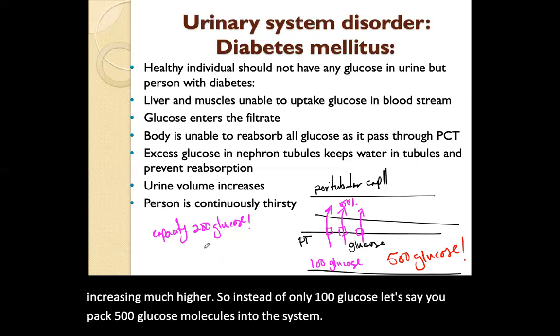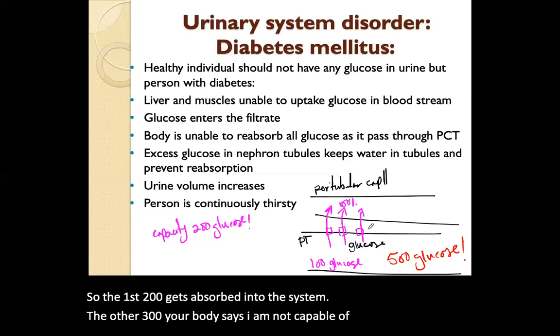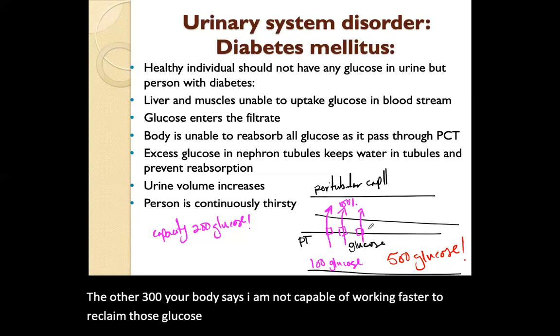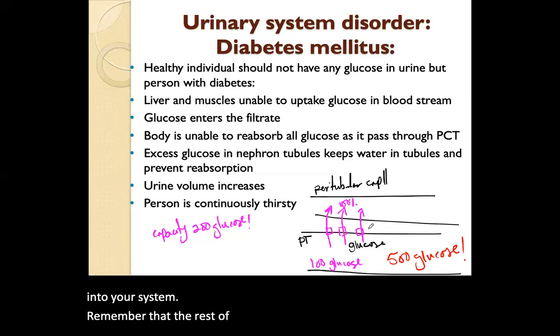So the first 200 gets absorbed into the system. The other 300, your body says, I am not capable of working faster to reclaim those glucose molecules. So the other 300 molecules of glucose pass through the PCT or PT without being reabsorbed back into your system. Remember that the rest of your renal tubules are not meant to reabsorb glucose.